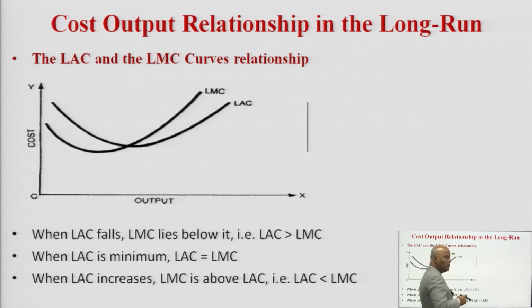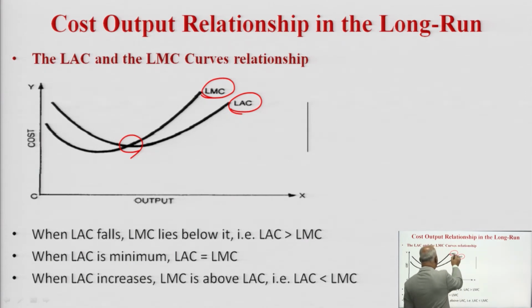Now, coming back to the relationship between the long run average cost and the long run marginal cost: long run marginal cost always intersects the long run average cost at its minimum point. This is the minimum point of long run average cost, and at this point the long run marginal cost intersects it.